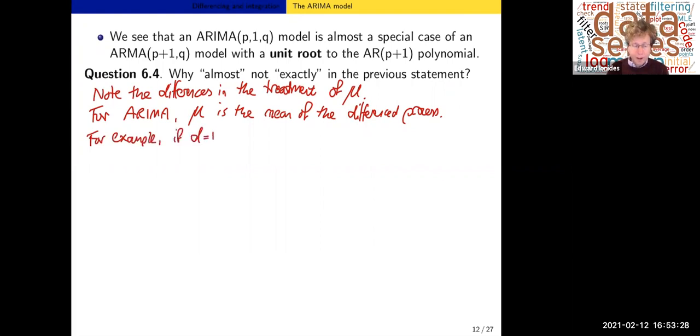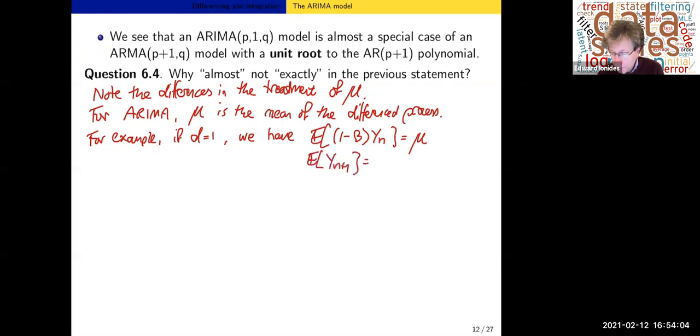Let's look at the case d is 1. Then we have that the expected value of (1 minus B) y_n is equal to mu, and that means the expected value of y_{n+1} is mu plus the expected value of y_n, which means if we solve that, the expected value of y_n is some constant a plus mu n.